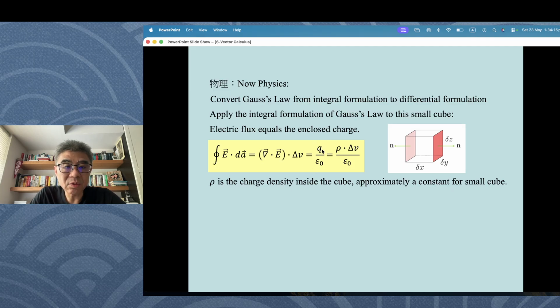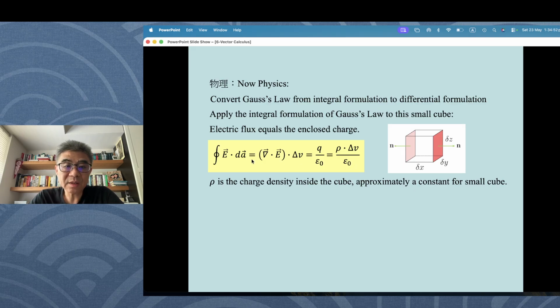The physical Gauss's law tells us the flux equals the charge inside the Gaussian surface. If I denote the charge inside as Q, this Q can be calculated from the charge density. If this cube is really very small, then the charge density inside it is uniform, which means rho is a constant. So Q could be written as rho times delta V, over epsilon 0.